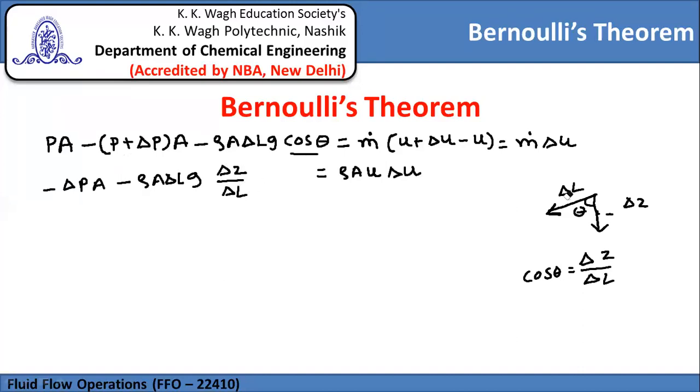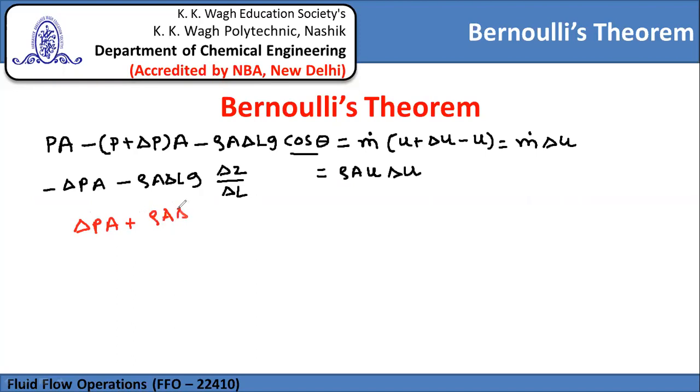So if we rearrange this equation, the final equation will become delta P into A plus rho A delta L G delta Z upon delta L plus rho A U delta U is equal to 0.